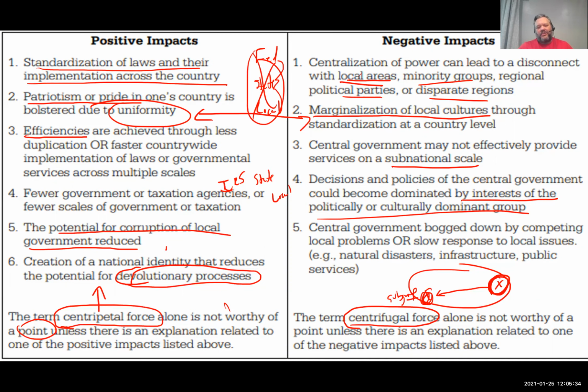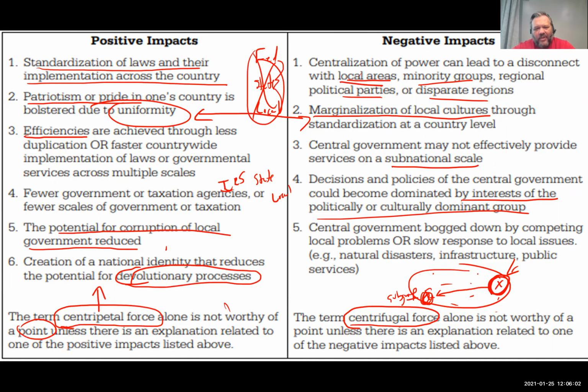If you're a special interest group and you want to influence the government to do something for you, then it's easier to influence one national government instead of all 50 governments and then the national government as well, like in a federal system. And so it could tend to become easier to influence the people within the national government and have a broad impact.